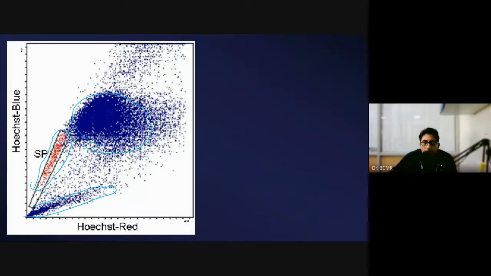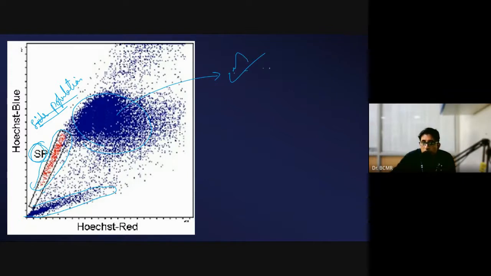This is called the side population, because in this graph they appear on the side as dots. Each dot is a single cell, a droplet passing through, and the reading is obtained using FACS.